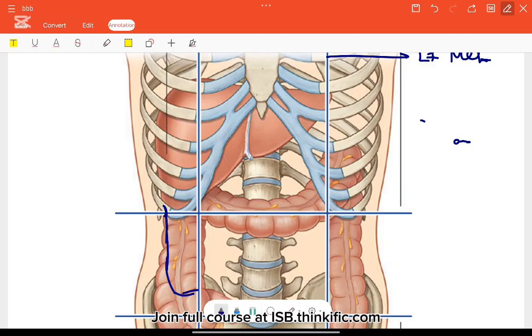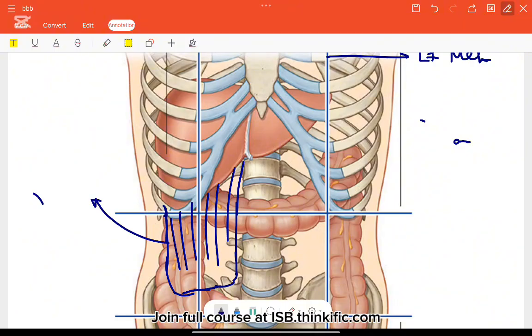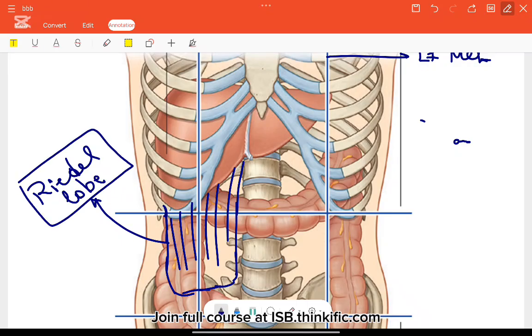It extends down, a tongue-like extension, and it's a normal anatomical variant, but you will find the liver extending way down below the costal margin, below the inferior border that is normal. This accessory extension of the liver is referred to as the Riedel lobe, okay? That's one situation where the liver may be lower.